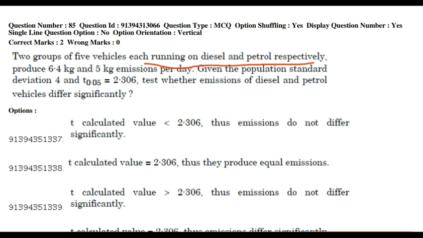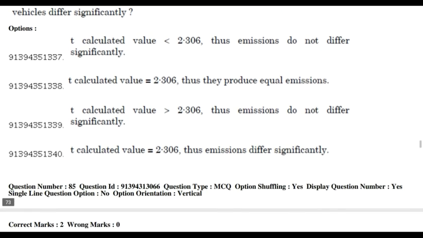Given the population standard deviation is 2.306, test whether emissions of diesel and petrol vehicles differ significantly. So the right answer is 1. This T calculated value is less than 2.306, thus emissions do not differ significantly.